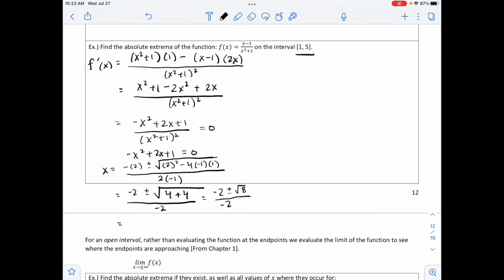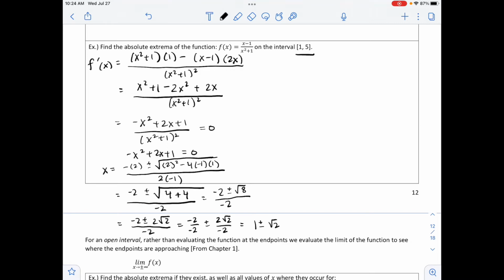So we can rewrite this as negative 2 plus or minus 2 square root 2 all over negative 2, which is going to be equal to negative 2 over negative 2 plus or minus 2 square root of 2 over negative 2, which simplifies to 1 plus or minus, and dividing by that negative just switches the plus and minus, so it doesn't change anything. So the 2's would reduce, and then we just say rad 2.